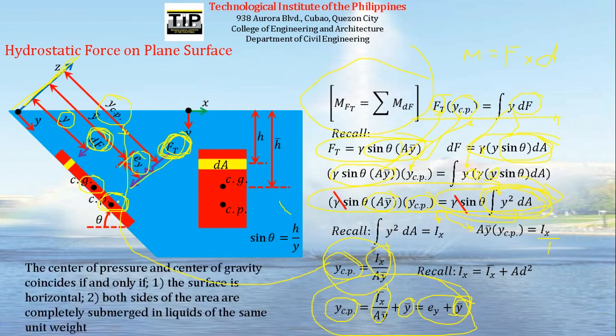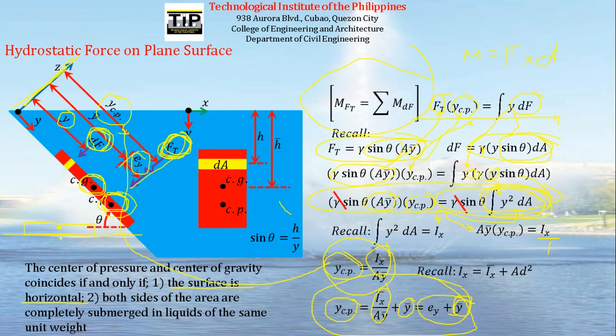So, nagko-coincide lang si center of gravity tsaka si center of pressure kapag horizontal yung surface. So, for example, yung rectangular plate natin is nakaganito. Tapos submerge siya sa tubig.